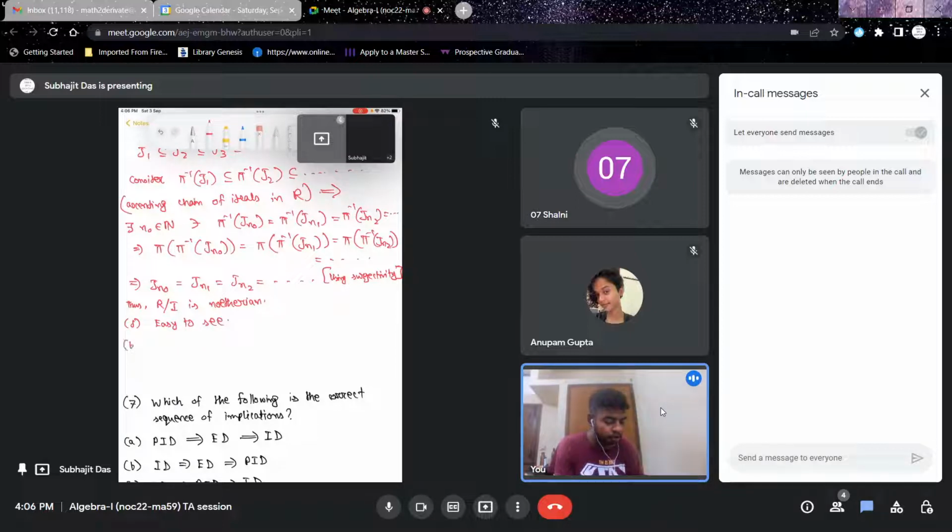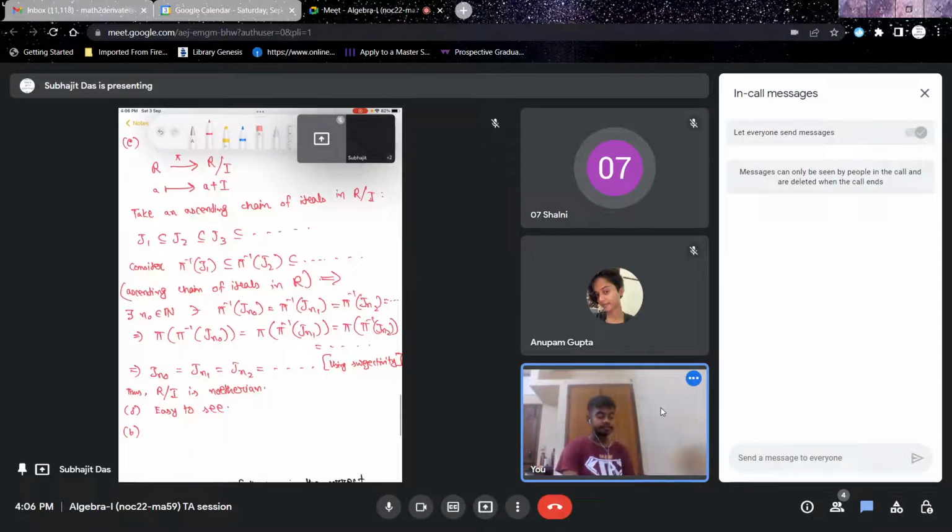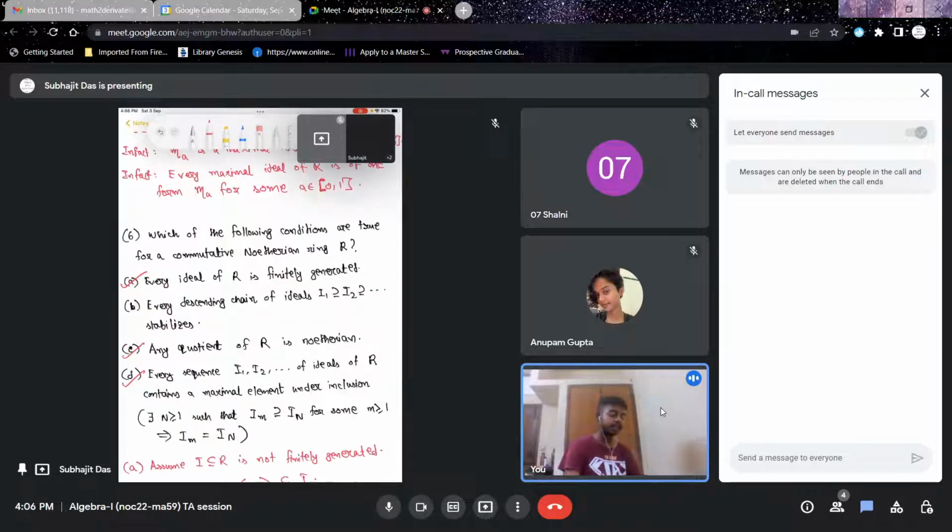And what about option B? Every descending chain of ideals I1 containing I2 containing I3 and so on stabilizes or becomes stationary. That is, instead of taking an ascending chain, you now take a descending chain, and any such descending chain of ideals will always become stationary.